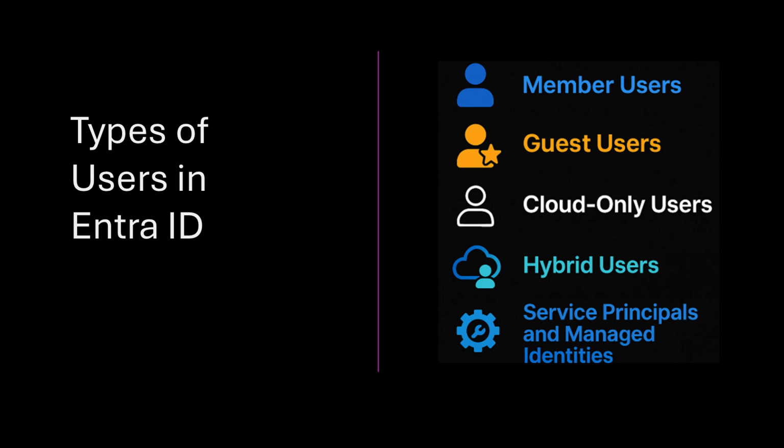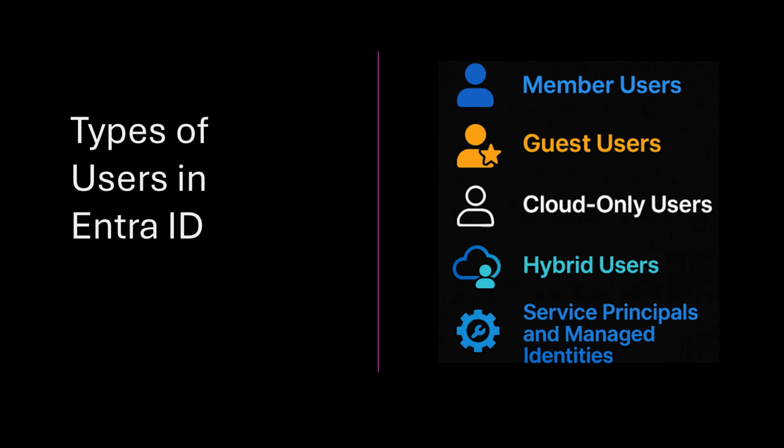They have full access to enterprise resources, including Microsoft 365 apps. You typically assign them to teams, apply licenses, include them in the global address list, and govern their access with conditional access policies.